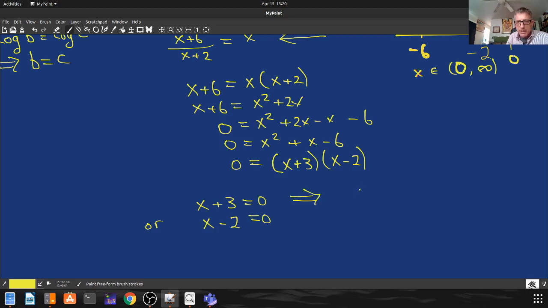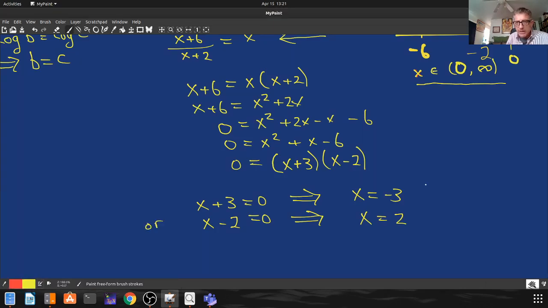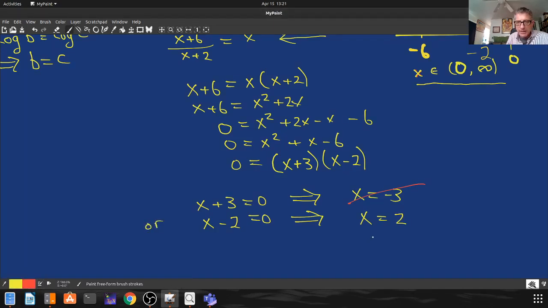But this implies x is equal to minus 3, and this implies x is equal to 2. But over here, our solution has to be greater than 0. So x equals minus 3 is rejected as a solution, and our solution set contains only one number, and that is 2. That is our solution set.